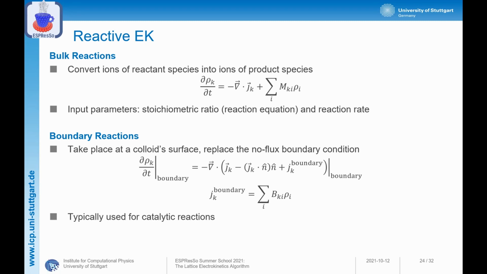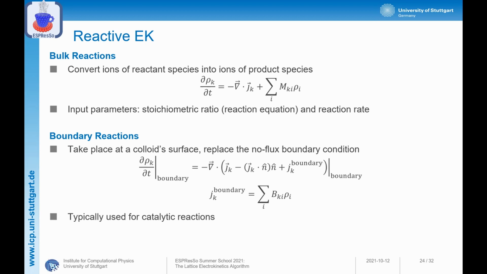It depends on the local density of species A, not on the global. The other way these reactions can happen is not only in the bulk phase, but also as a surface reaction.